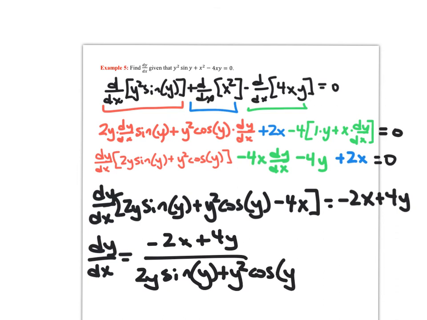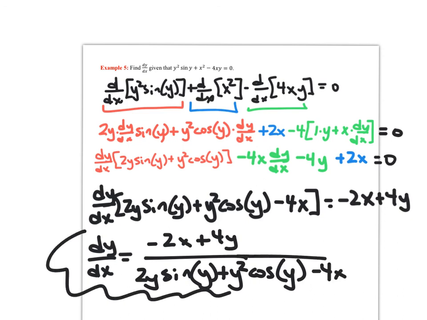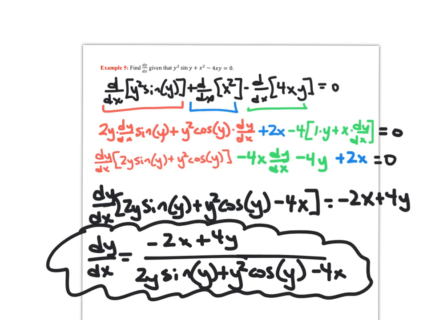And hopefully I don't screw it up as I'm trying to write it out. Alright, now I'd leave it just like that. That would be your derivative of y with respect to x differentiated implicitly. That is 3.8, day number 1, implicit differentiation.